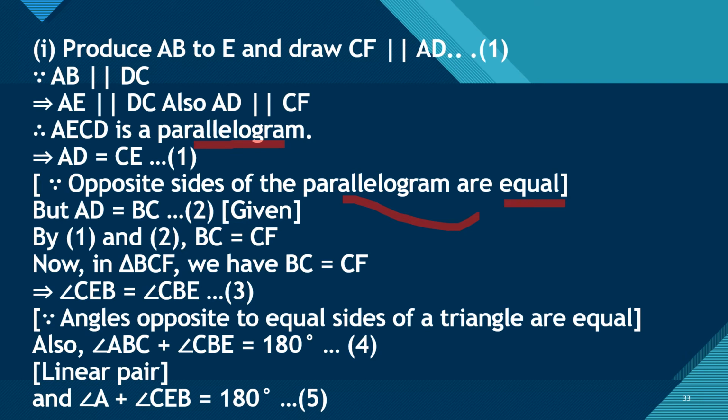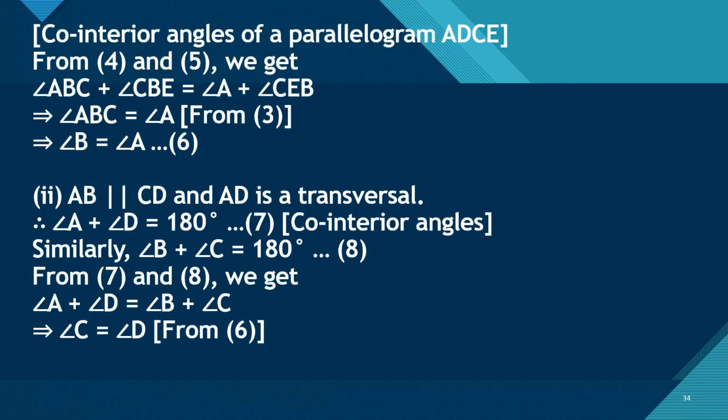Now in triangle BCE, we have BC equal to CE. So angle CEB is equal to angle CBE, and this is equation 3, since angles opposite to equal sides of a triangle are equal. Also, angle ABC plus angle CBE is equal to 180 degrees, a linear pair, the fourth equation. And angle A plus angle CEB is equal to 180 degrees, the fifth equation, co-interior angles of the parallelogram ADCE.